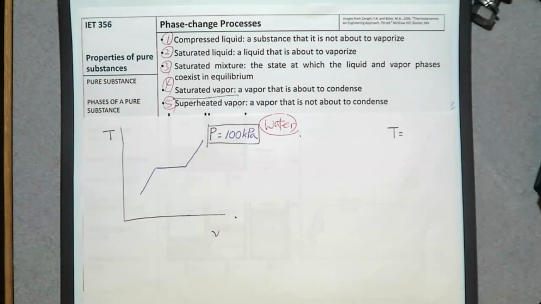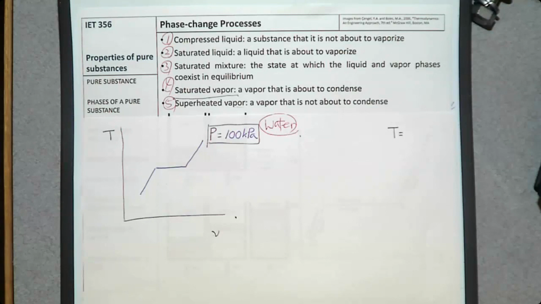For 300, we are going to talk about that, but if the pressure is greater than 100 kilopascal, this graph moves upward. So 300 means that there is another curve like that. 500 means another one on top of it. If the pressure is less than 100, then the graph is going to be moved downward. Similar shape.